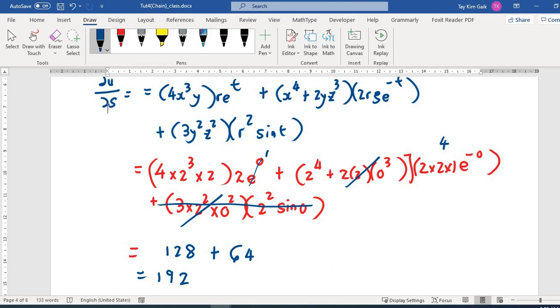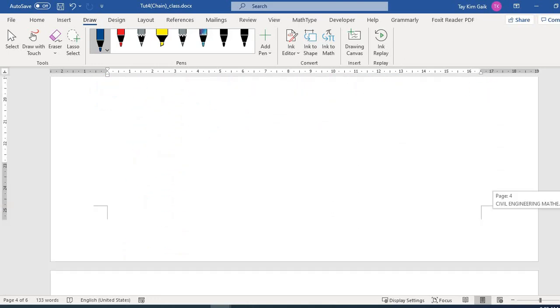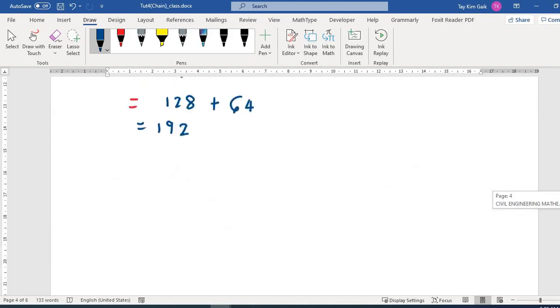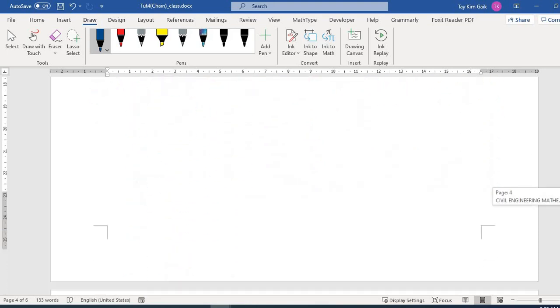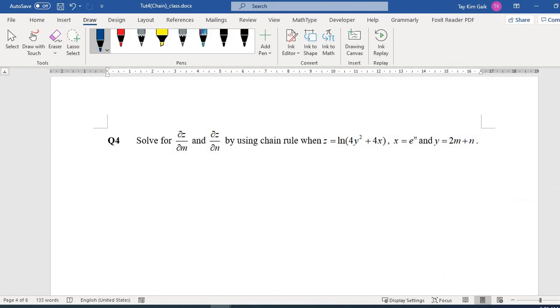So add up is 192. This is question 3. Okay, now any question? Okay, to plug in the value del u del s. What is that? No, okay, we go to question 4.